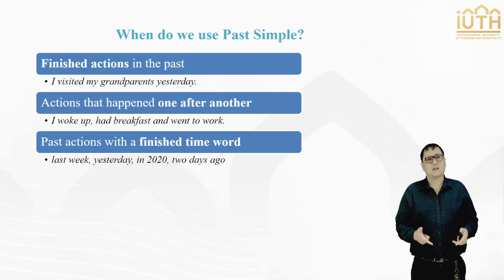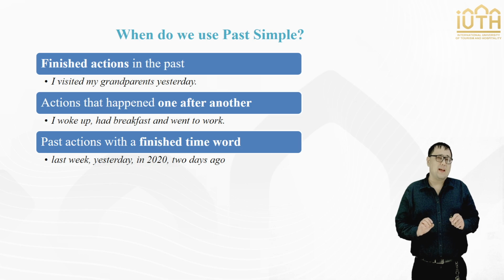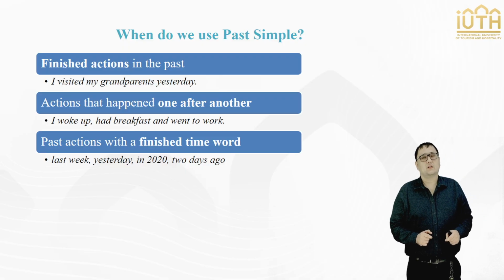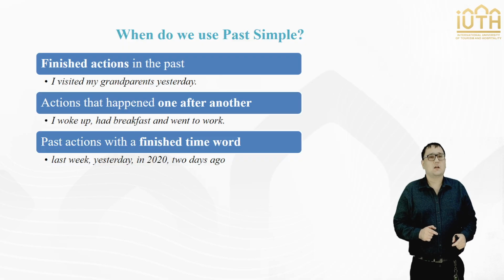But mainly there we pay attention to the result of the action, not to the time. And in the past simple tense, in one of the past tenses, we pay attention to the time.